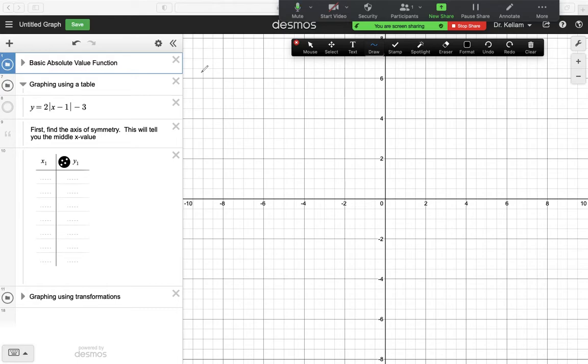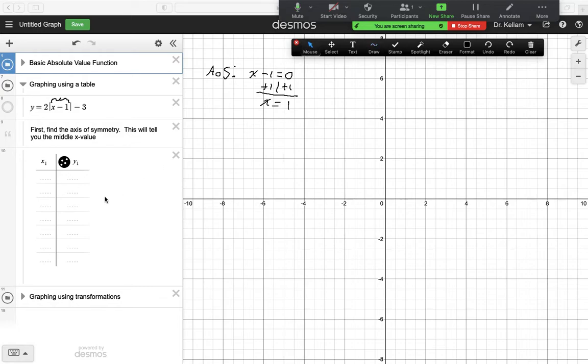So to find the axis of symmetry, we take whatever's inside of our absolute value function and we set it equal to 0. So x minus 1 is 0, and we just solve for x. x is therefore equal to 1. So that is my axis of symmetry.